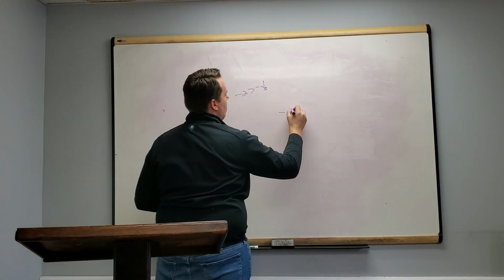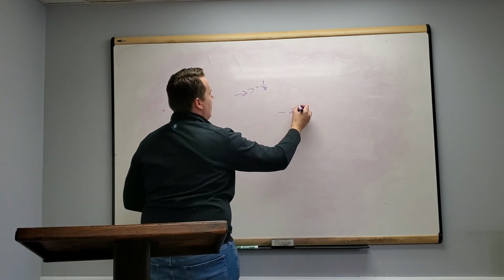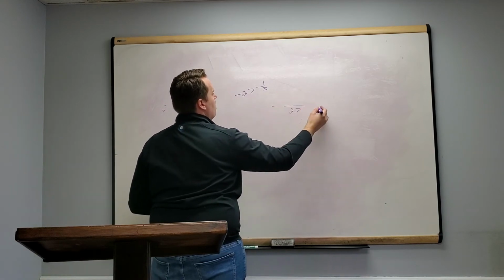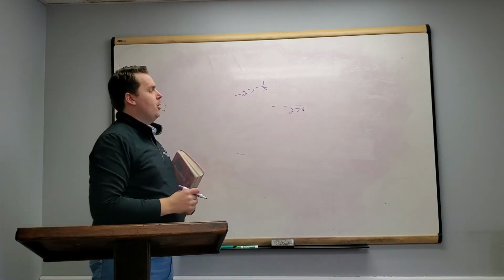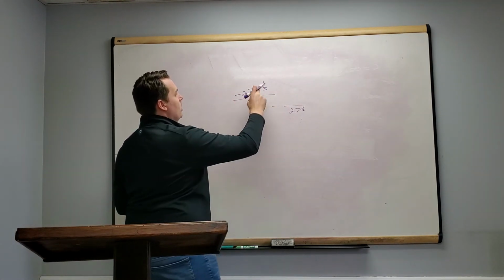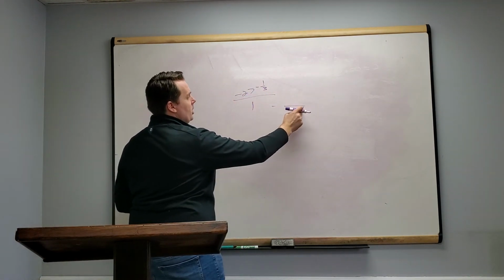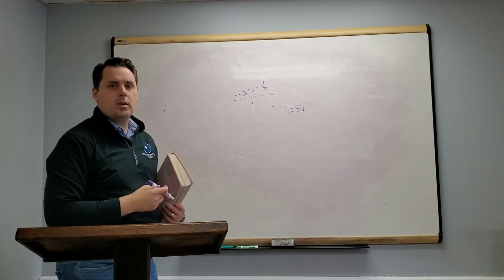So I'm going to write 27 to the 1/3 as a denominator, with a positive 1/3 exponent. By bringing it below, I change the sign of my exponent. I have negative 1 over 27 to the 1/3.